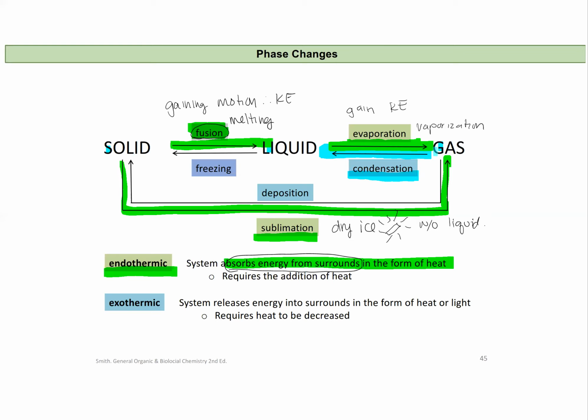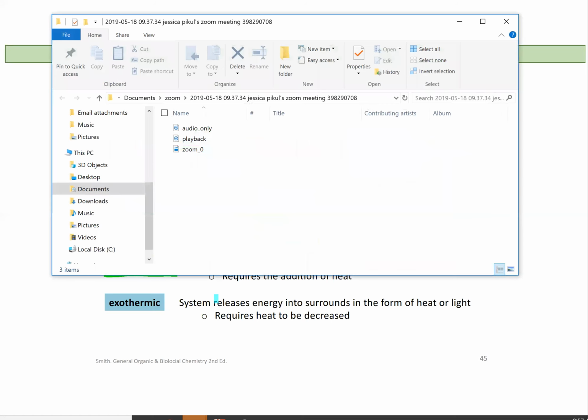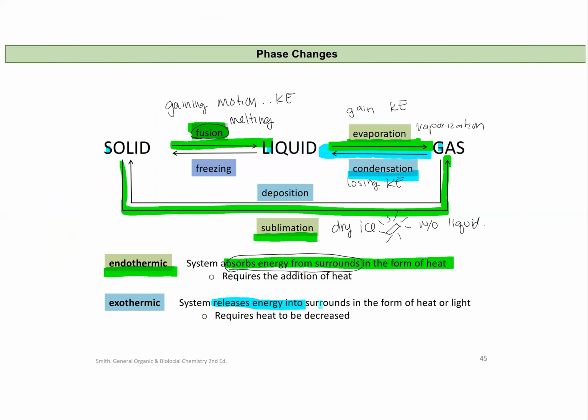And in this process, we're going from something with a lot of kinetic energy to less. So we are actually losing kinetic energy. And so that means that has to go somewhere. It's going to be released into the surroundings as either heat or light. And so it's an exothermic process when we go from a gas to a liquid and we condense.